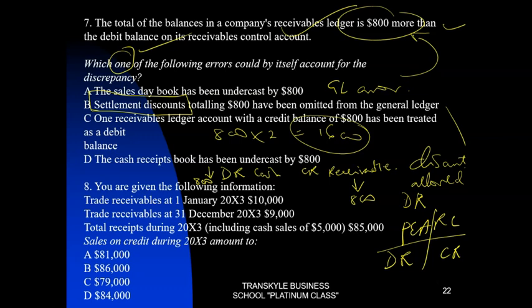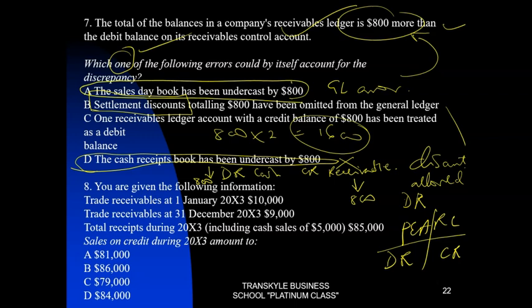But if we follow the dictates of D, it will mean that the credit side is the one that has a shortfall of $800, which is actually wrong. So option D is only going to lead us to a situation where the credit side is in shortfall. Like I have said, ladies and gentlemen, the best option is A. A is the answer there.